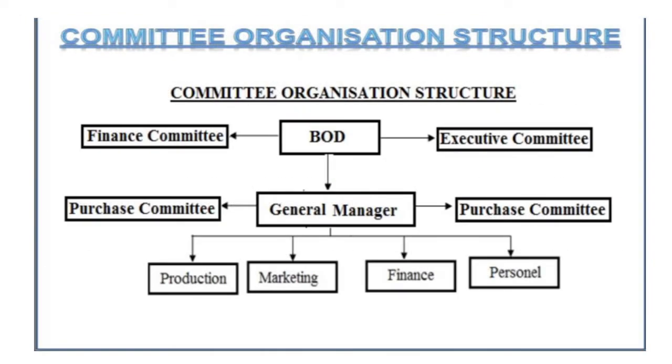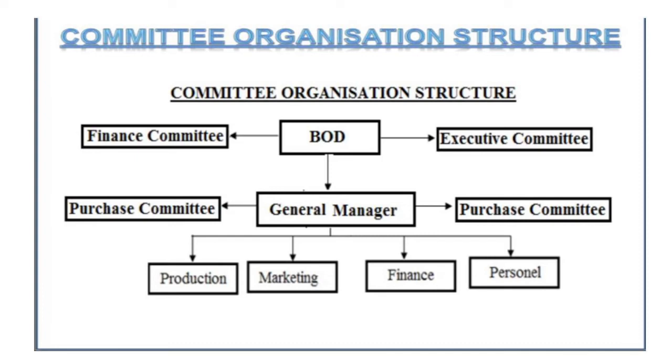Look here. In committee organizations, the board of directors and general manager are assisted by committees: executive committee, finance committee, purchase committee, accounts committee, and likewise sales and marketing committees.